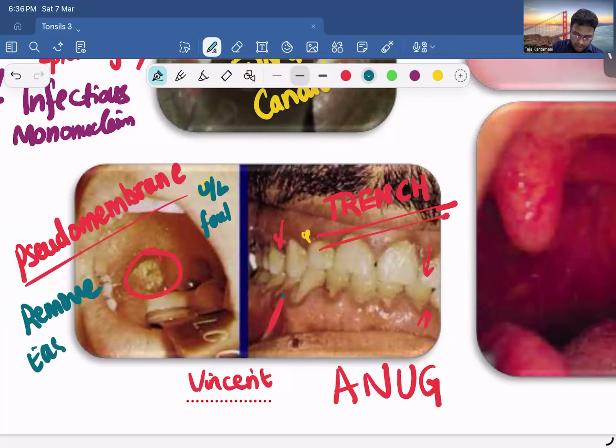It is not a true membrane. The classical question that can be asked is: trench mouth or Vincent's angina is caused by Borrelia vincenti, a fusospirochete. The other name for this is ANUG, acute necrotizing ulcerative gingivitis.